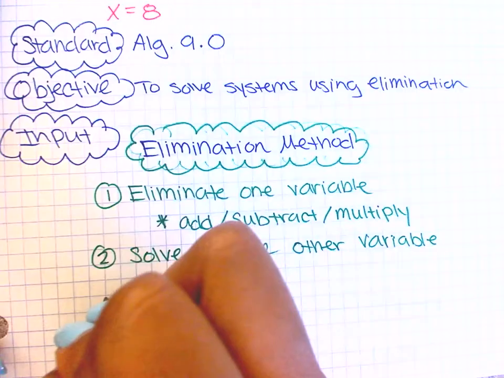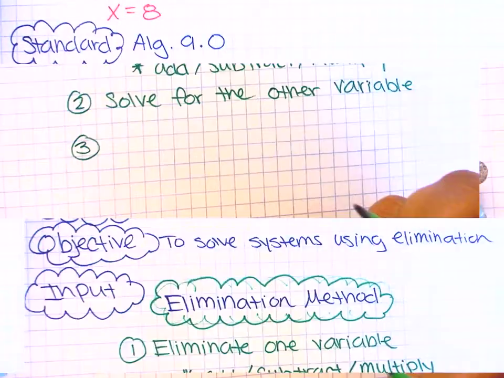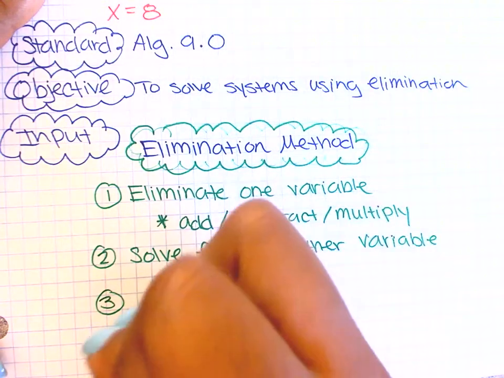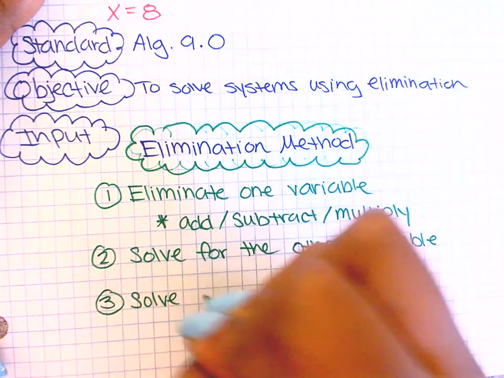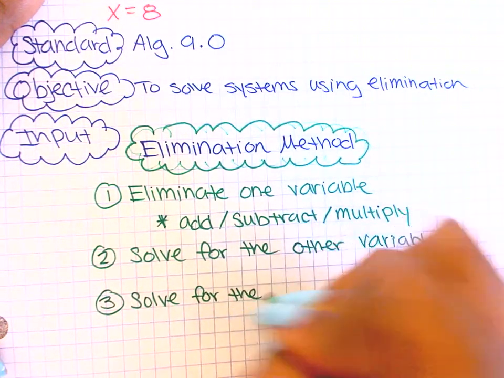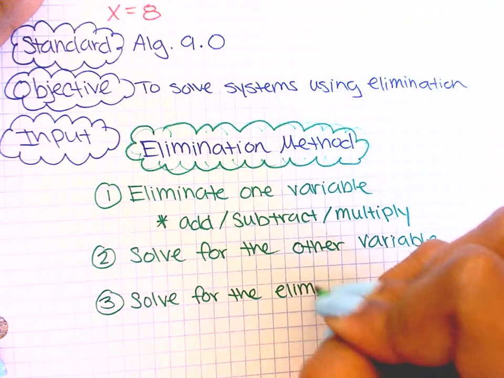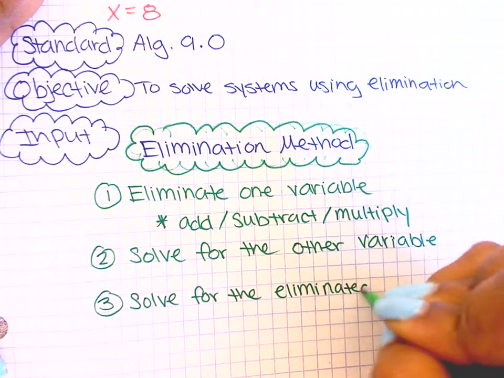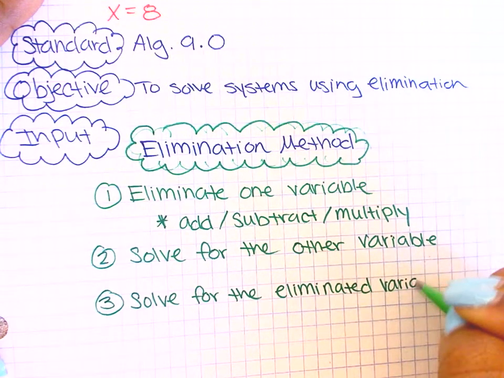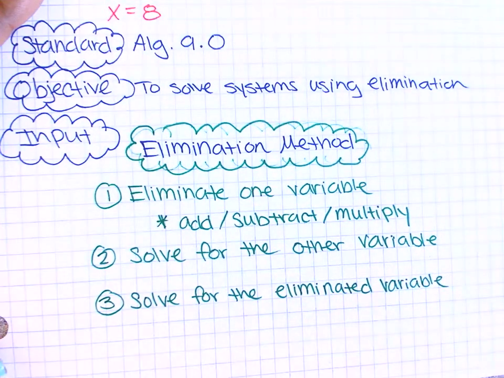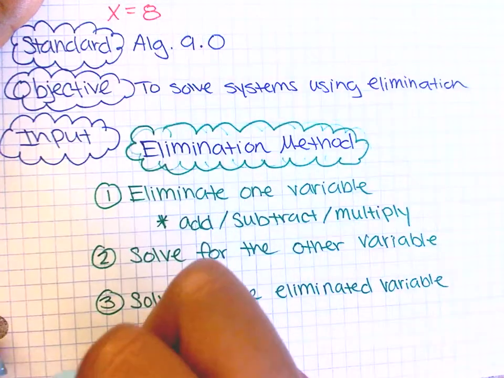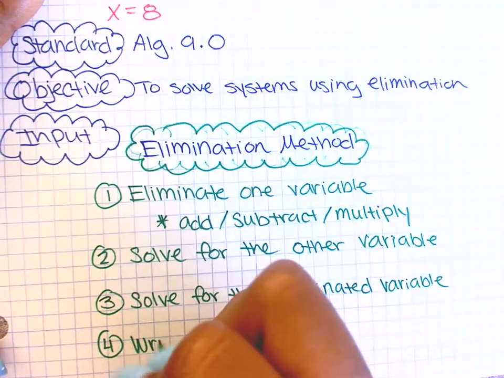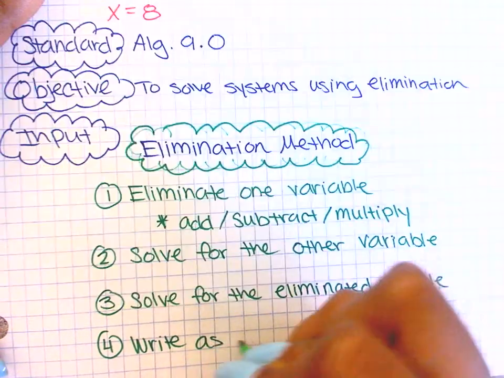Number 3, you're going to solve for the eliminated variable. And lastly, number 4, you're going to write it as an ordered pair.